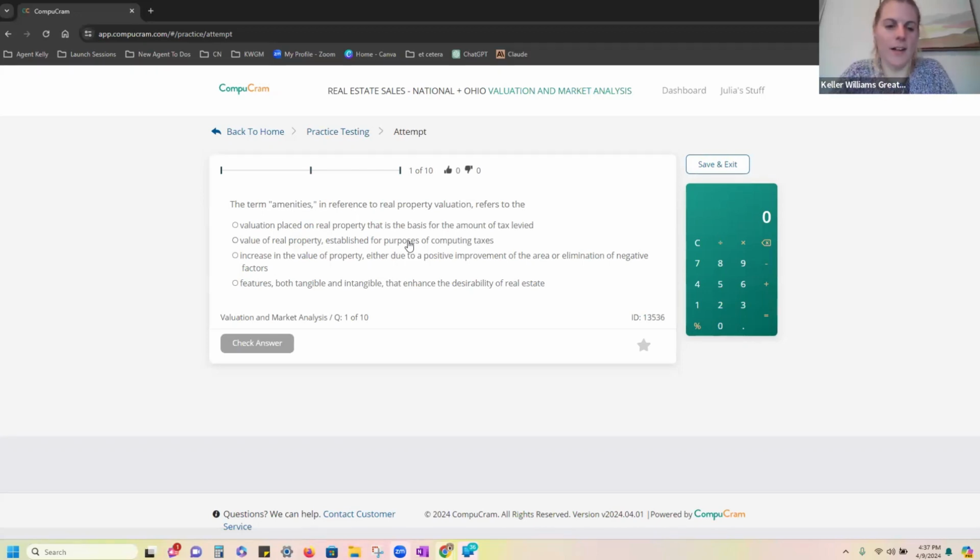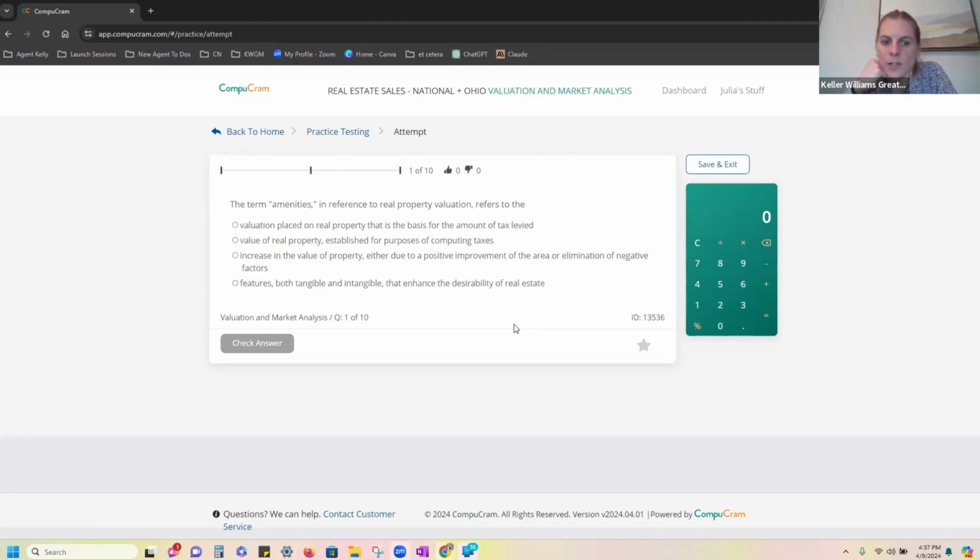So to start us off, the term amenities in reference to real property valuation refers to A, valuation placed on real property that is the basis for amount of tax levied. B, value of real property established for purpose of computing taxes. C, increase in the value of property either due to positive improvement of the area or elimination of negative factors.